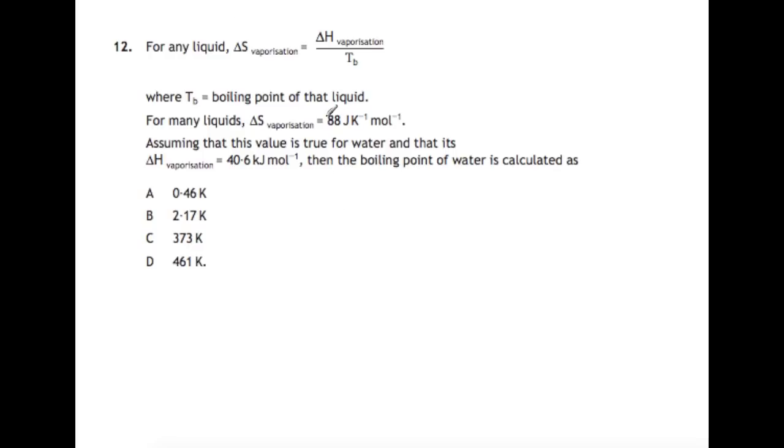So to do this, I'm going to do 88 divided by 1000 first, and that's equal to the 40.6 divided by the boiling point.